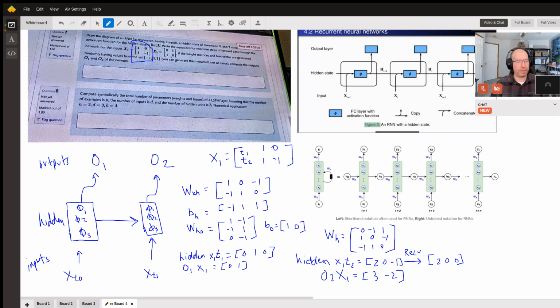So let's see, 9 and 10. Those are the ones about additive attention, and then the thing about the FLOPs, right? Yes. For the multi-head self-attention, that stuff I still don't know a whole lot about.